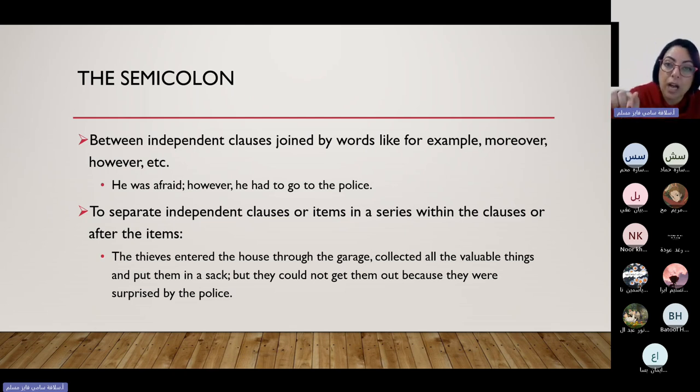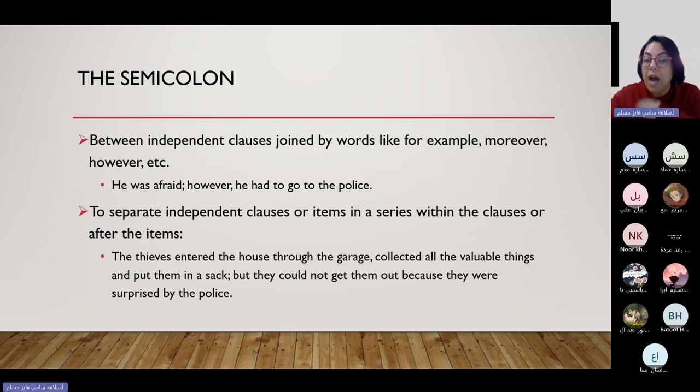Instead of putting a period and making a new sentence, we decided to put a semicolon. Why? Because we said the semicolon comes between two independent sentences. Okay? The next one, but they could not get them out because they were surprised by the police.